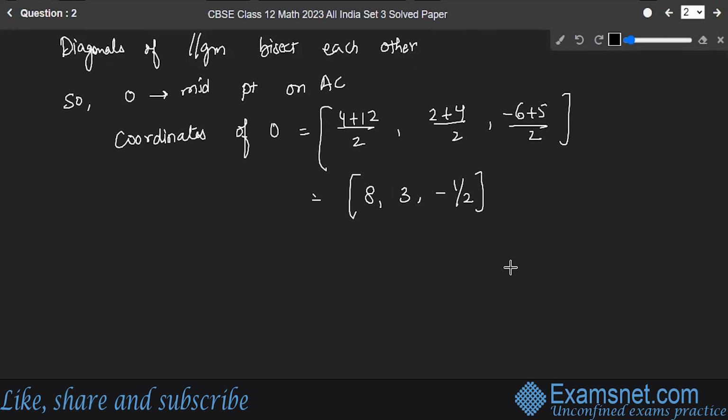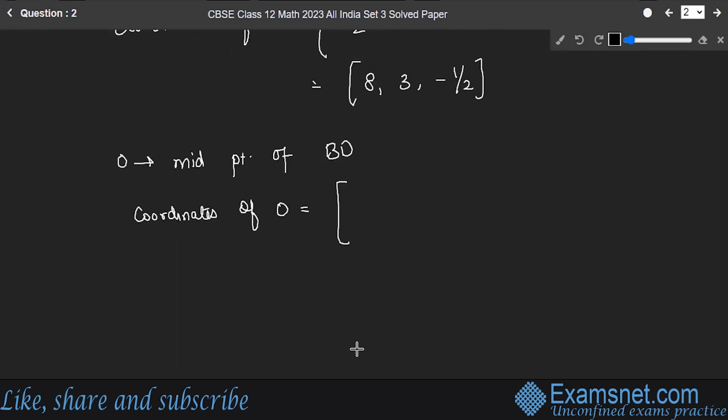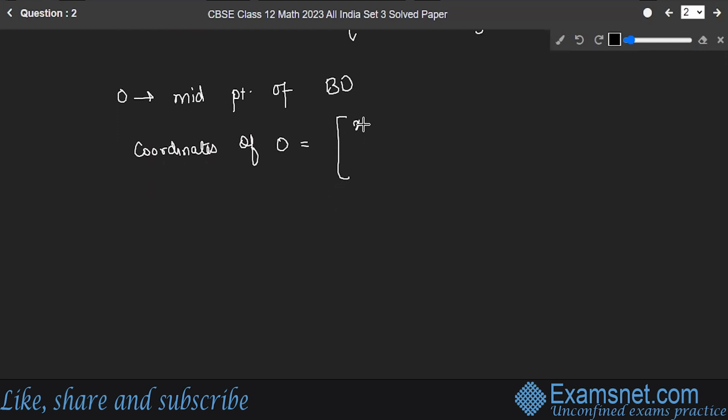Now, O is also the midpoint of BD. So, according to that, coordinates of O will be equal to (x plus 5) upon 2, (y minus 3) upon 2, (z plus 1) upon 2.